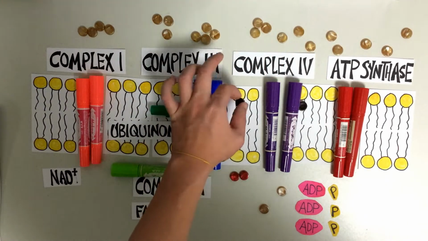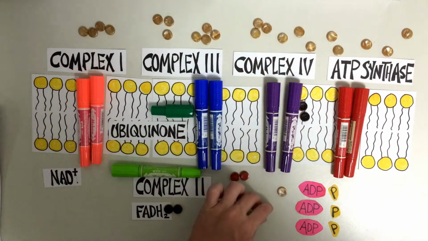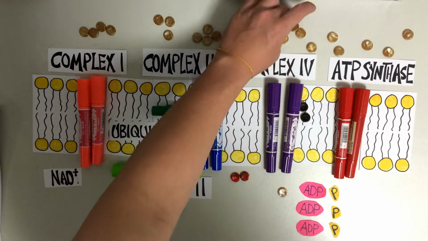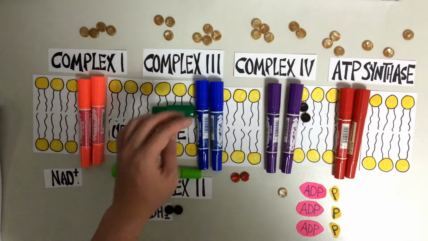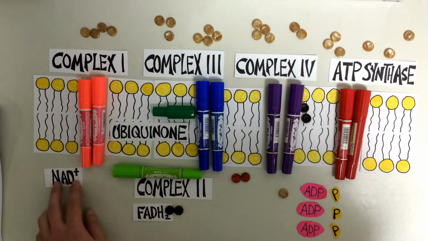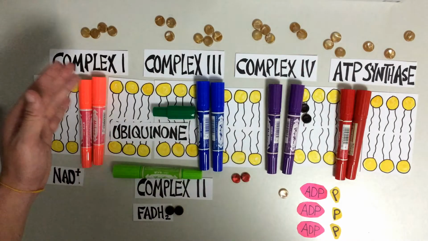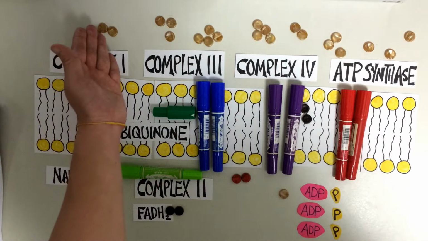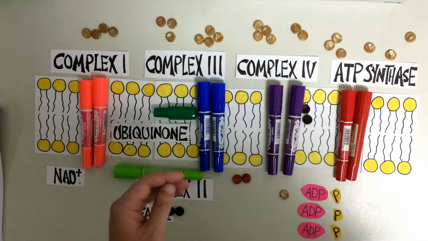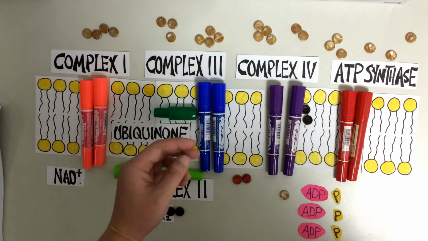The second electron would then move to complex 4, and you will also allow the passage of another hydrogen ion into the intermembrane space. So in total, with a pair of electrons from NADH, it can actually allow the passage of 4 plus 4 plus 2, which in total is 10 hydrogen ions into the intermembrane space.